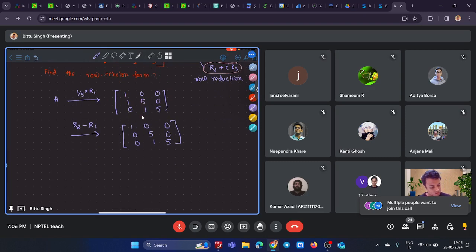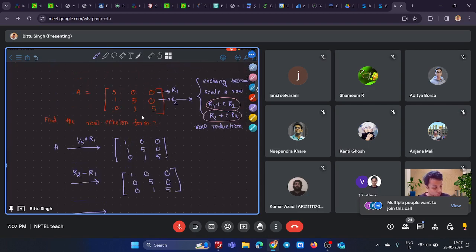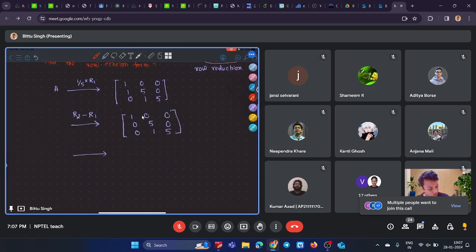Now again, the leading entry in the second row is 5, so you have to reduce this entry. Again we'll use the operation of scaling a row. The scaling factor is 1/5: multiply the second row by 1/5.